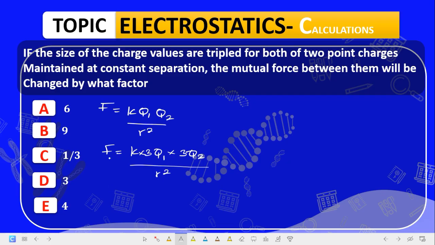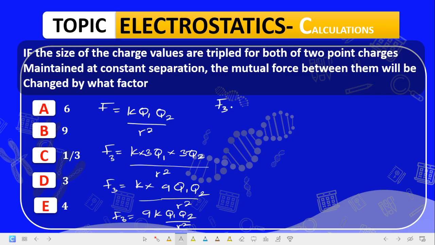Now what will be the magnitude of the force for the tripled one? Let's use F3. F3 will be equal to K times 3Q1 times 3Q2. 3 times 3 gives us 9, so 9 K Q1 Q2 all over R square.